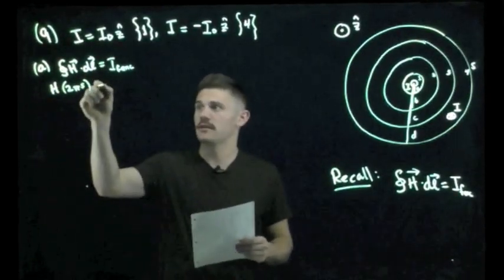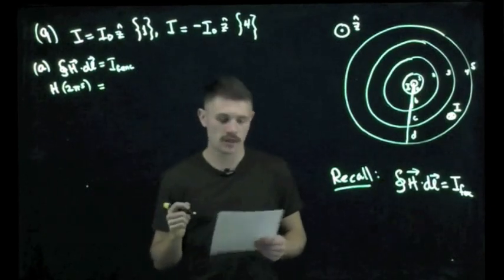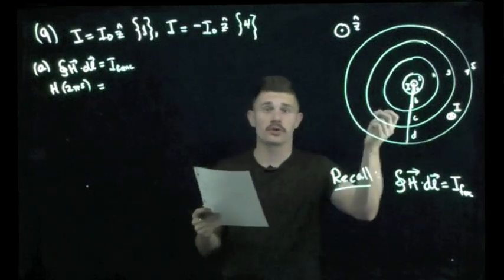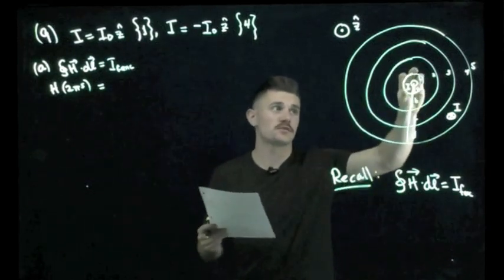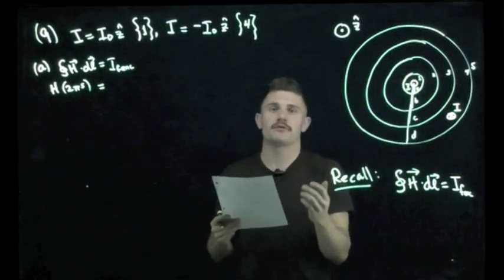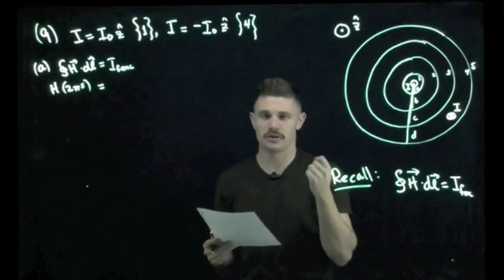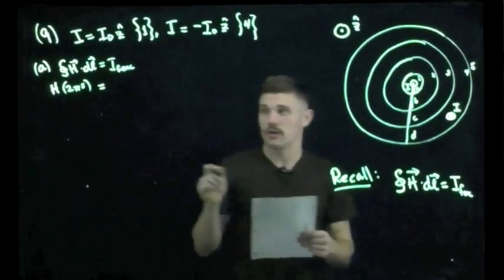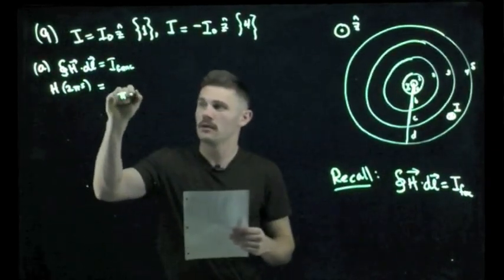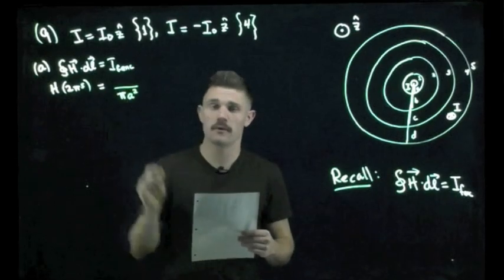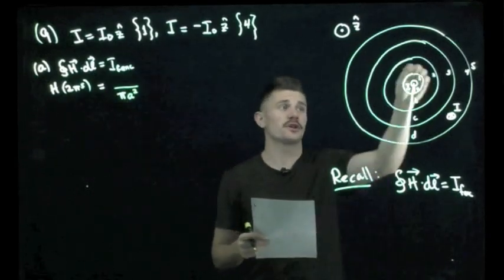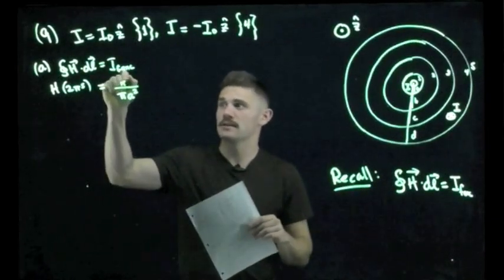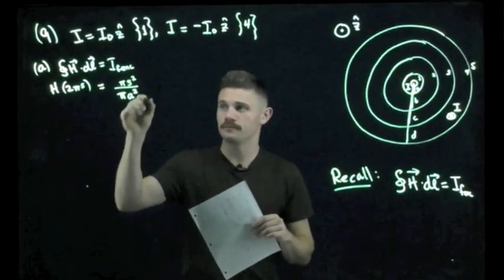And then we just have to look at the enclosed current, the I free. In this case, what we can always do is look at the total current that is enclosed within this region, and then the Amperian loop will of course enclose some fraction of that total current. So the total area of this inner region is going to be pi times a squared, pi times the radius squared, and we're going to consider some portion of it covered by that Amperian loop, which has a radius s, so pi s squared.